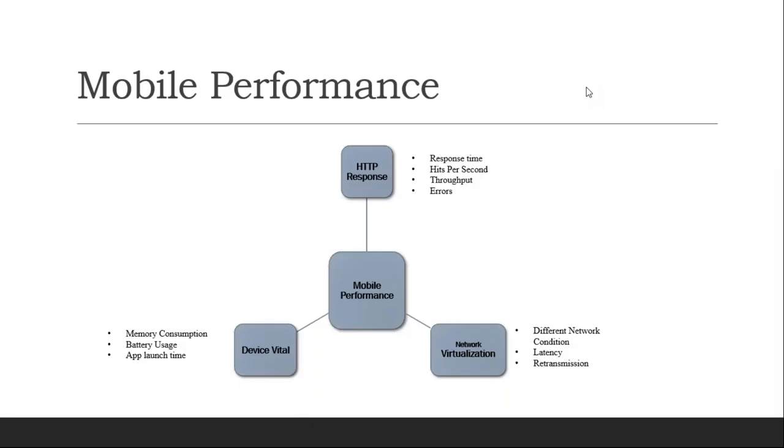People used to have different metrics under different bandwidth network conditions. So they have predefined knowledge: 3G will work like this, 4G like this, LAN like this. You have an understanding of how your application will behave under different network conditions.